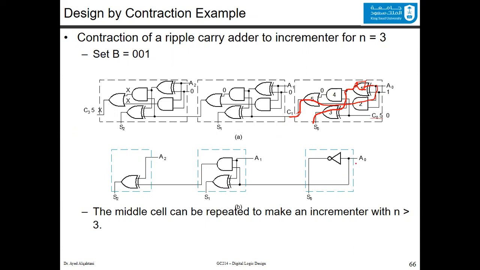And by having those two paths, we have this block. And this is the idea of contraction, which is simplifying a bigger gate to design a different, simpler function, which is just an incrementer.